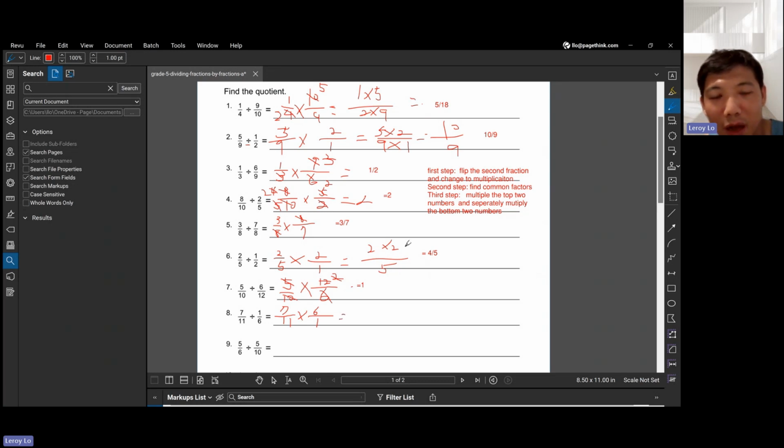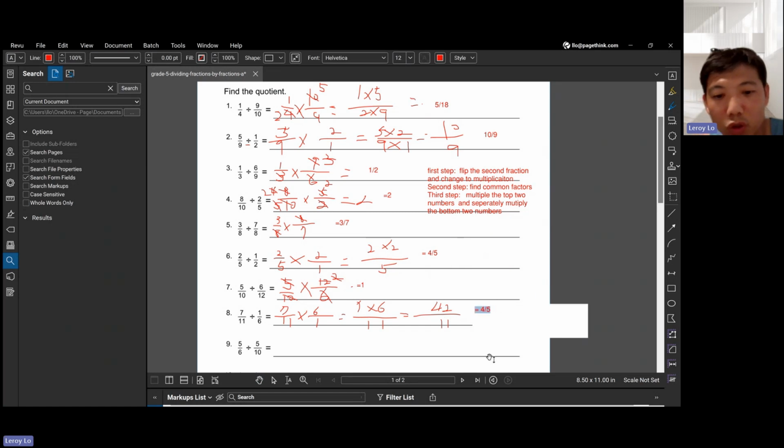Second step, we find common factors among 7, 11, 6, and 1. There are no common factors. Third step, multiply the top two numbers: 7 times 6 gives us 42, and 11 times 1 gives us 11. So this is the final answer, 42 over 11.